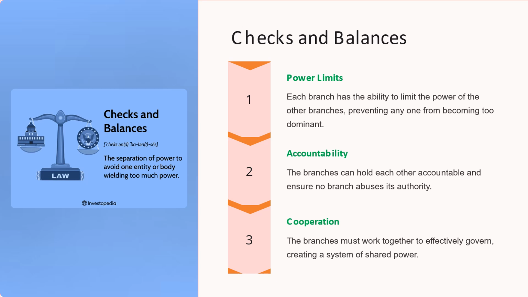They prevent any one branch from abusing power, encourage accountability among branches, and encourage cooperation and negotiation. So it promotes balance and stability. The branches must work together to effectively govern, creating a system of shared power.